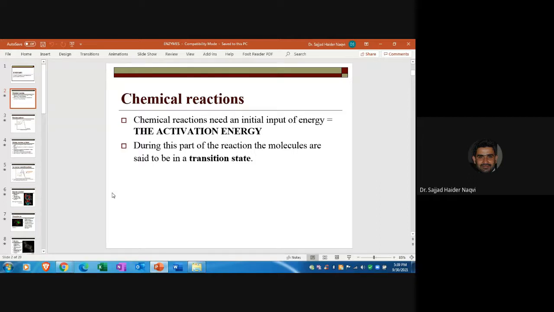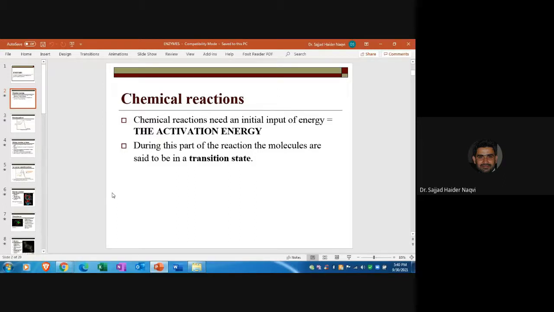So, activation energy is that minimum amount of energy which is required to start a metabolic reaction within the cell. Now, during this part of the reaction where we are giving this energy, the molecules are said to be in transition state. Transition state is the state which is in between the reactant and the final product.